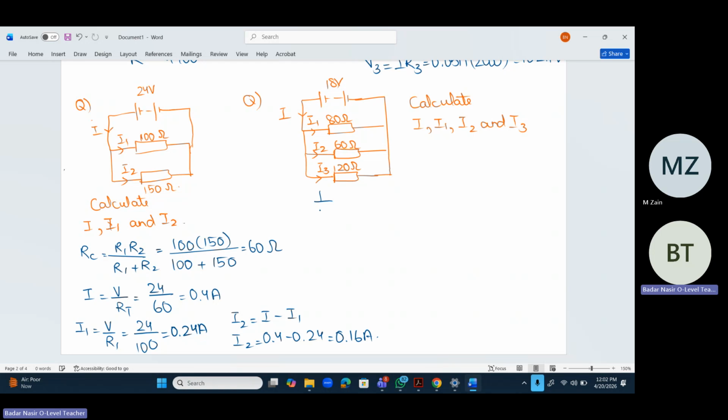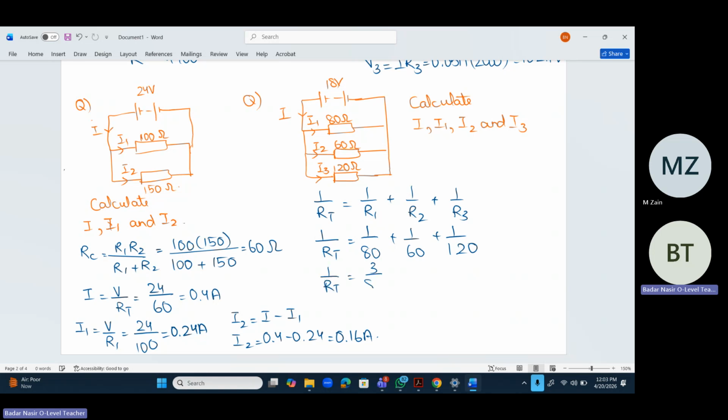But for the second question, we can't use this formula. We'll have to use the other method to calculate the total resistance of the circuit. 1 over 80 plus 1 over 60 plus 1 over 120. Just put the entire expression on the calculator. That gives us 3 by 80.